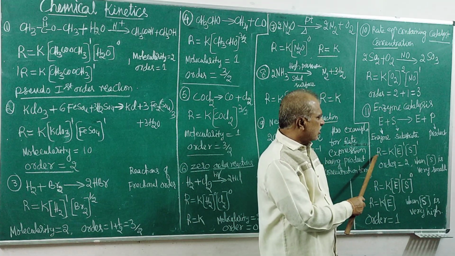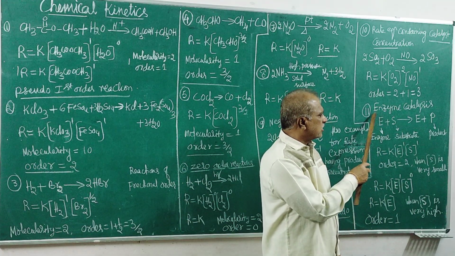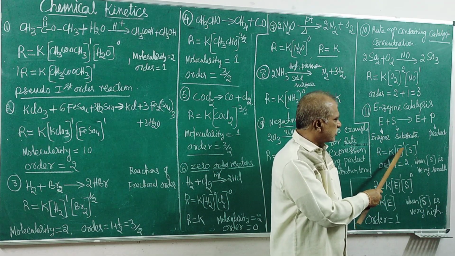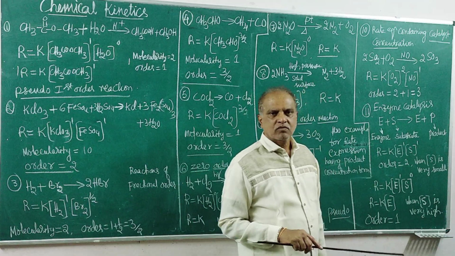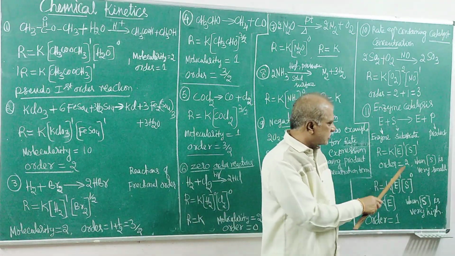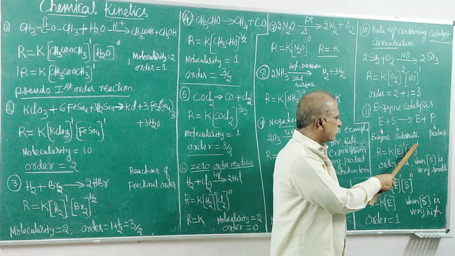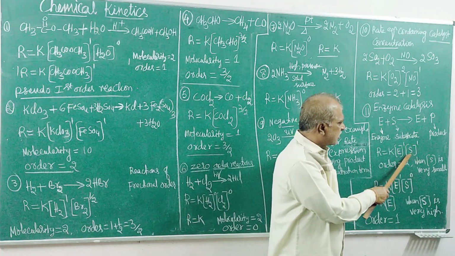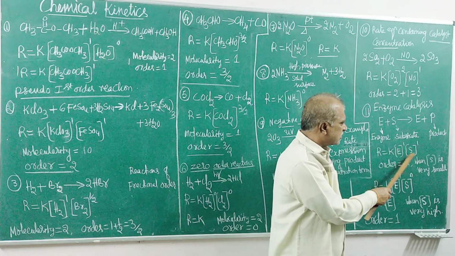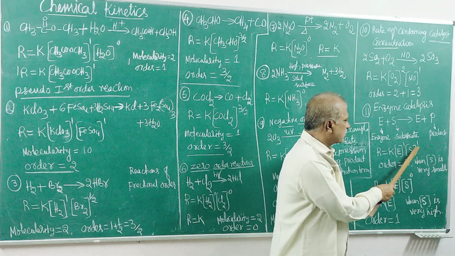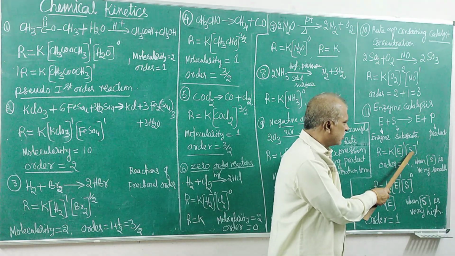So the rate of all enzyme catalyzed reactions depends on the concentration of enzyme, that is, on the concentration of catalyst. That shows that in all biological reactions it is concentration to the power of 1. Then there is the substrate concentration. There are two possibilities. When substrate concentration is very small, it is first order with respect to substrate.